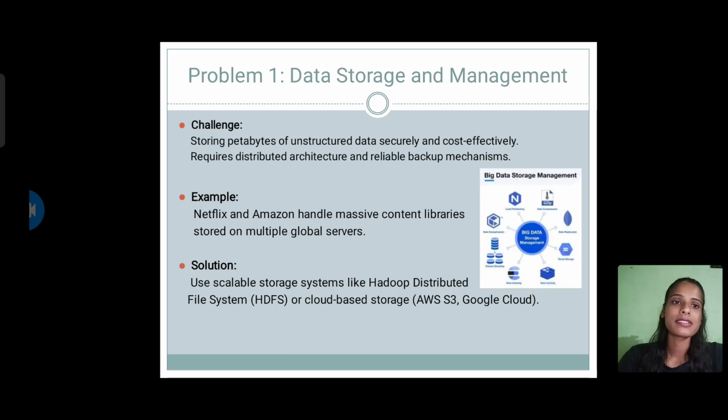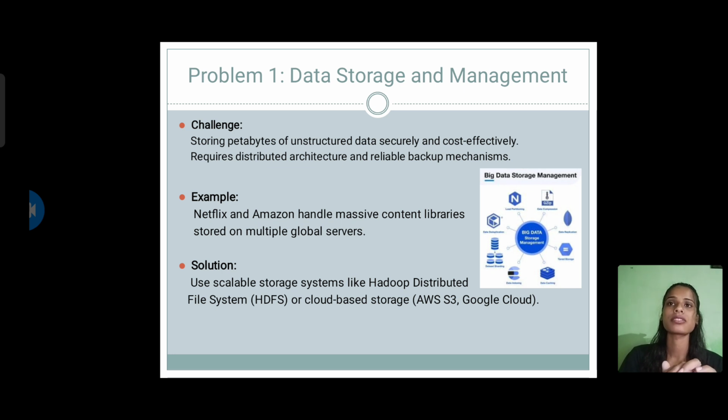Next slide is problem 1: data storage and management. In this, the major challenge is data storage and management. Storing petabytes of unstructured data securely and effectively is not easy. It requires distributed architecture and a strong backup system.